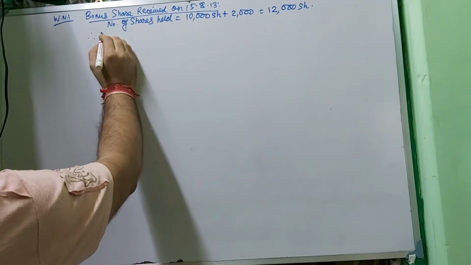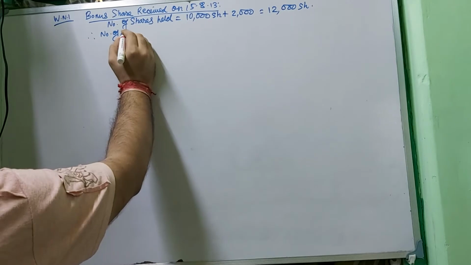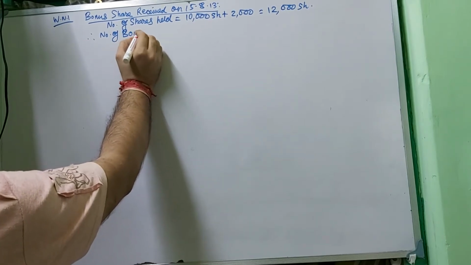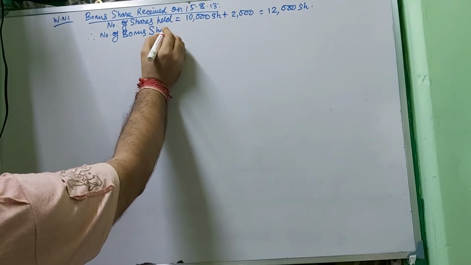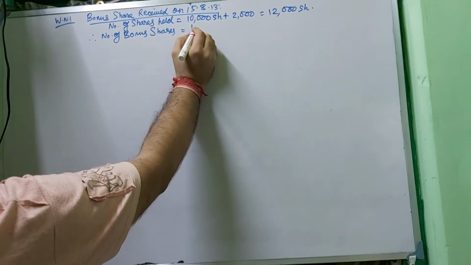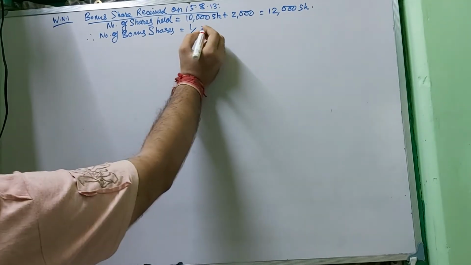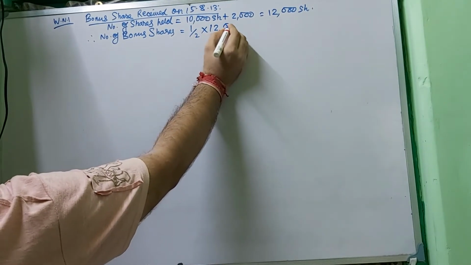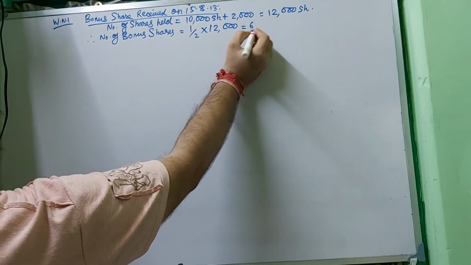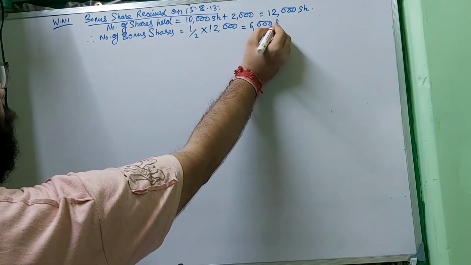Therefore, number of bonus shares is 1/2 into 12,000, so it becomes 6,000 shares.